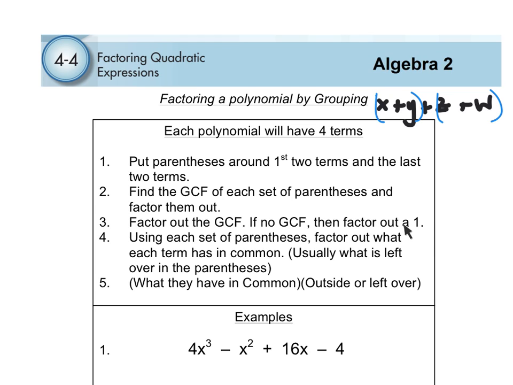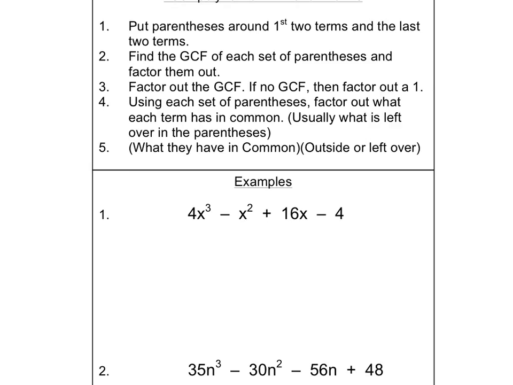So using each set of parentheses, factor out what each term has in common. Usually, what's left over is inside the parentheses. Your end answer will have what they have in common in one set of parentheses, and what's left over in the other set of parentheses.